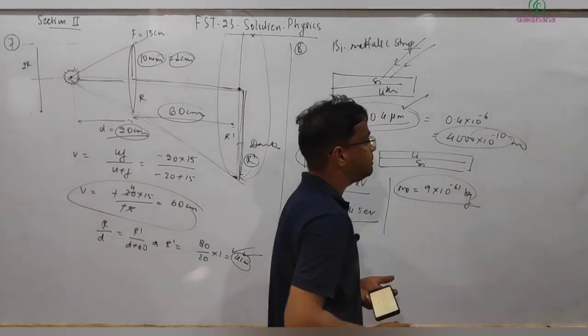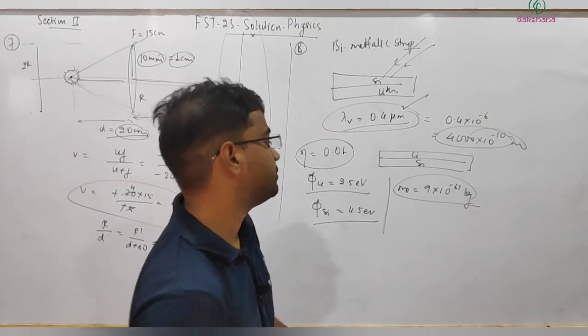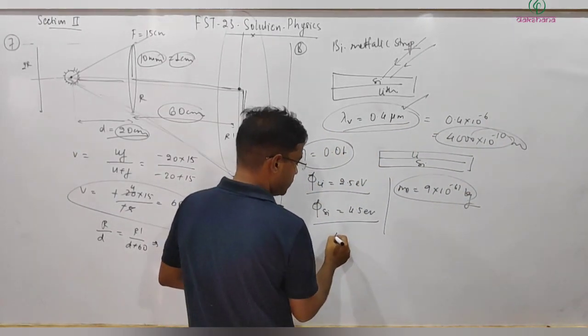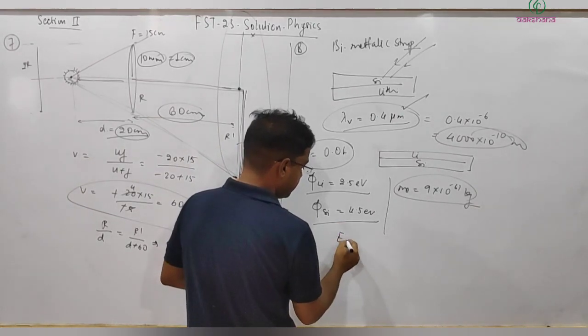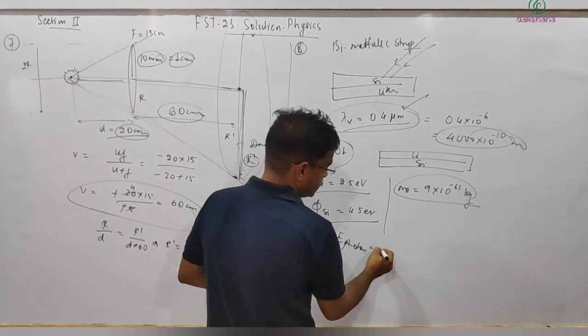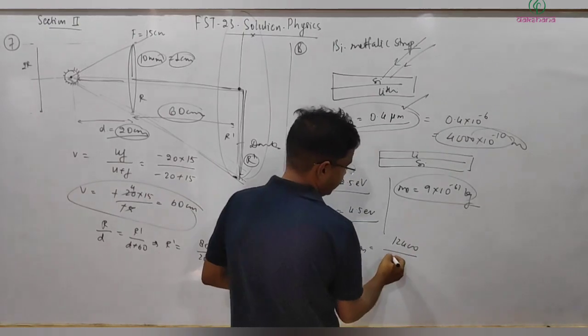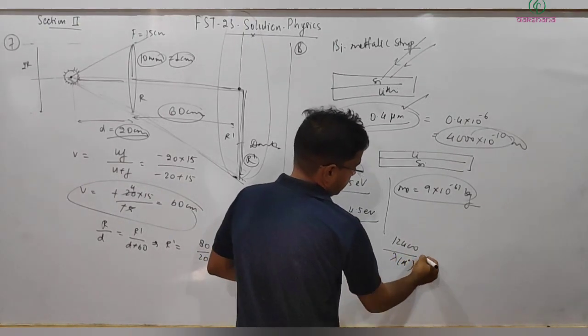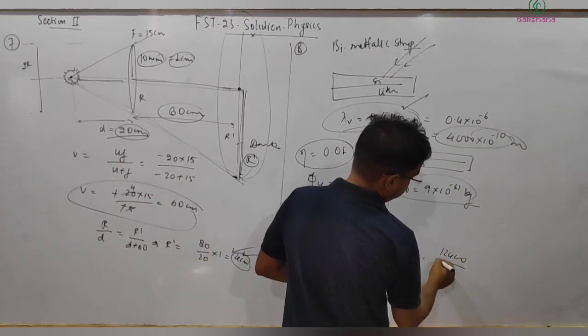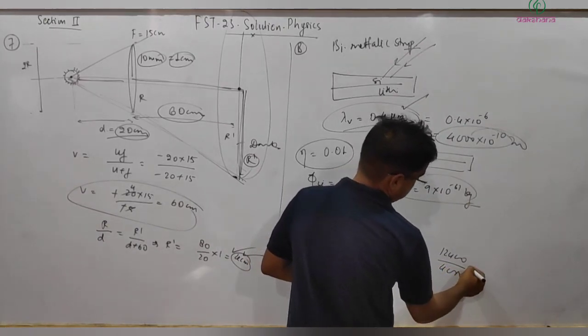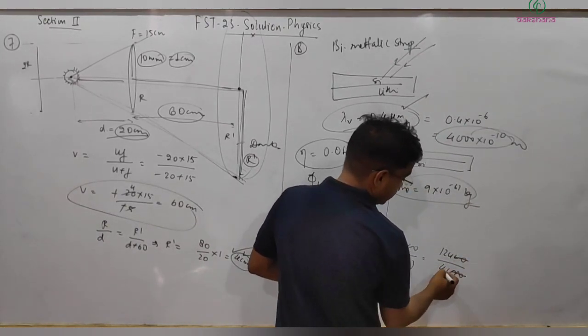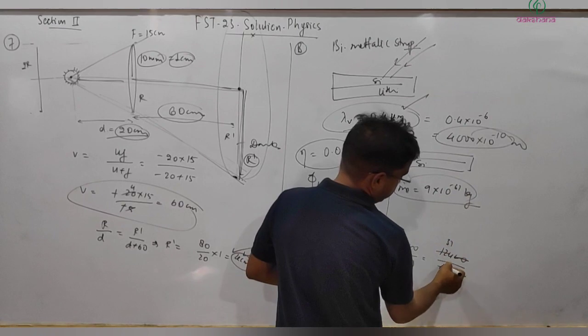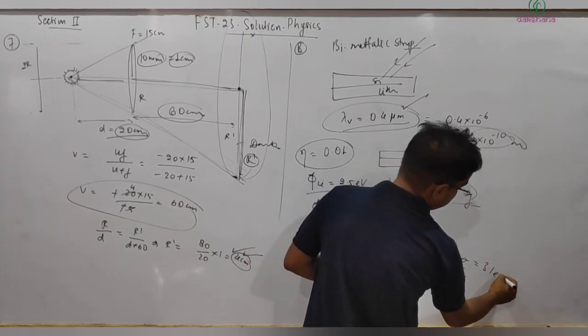This is the wavelength. Let me first calculate the energy of the incident photon. So energy of photon, E photon, is equal to 12,400 divided by lambda in angstrom, which is 12,400 divided by 4,000, so it's 3.1 electron volts.